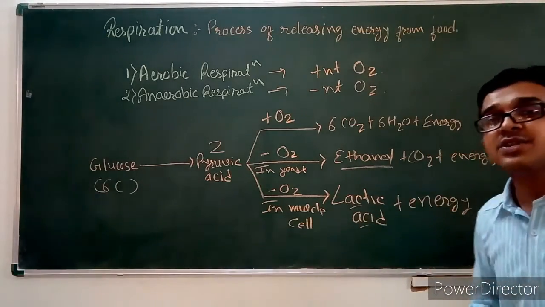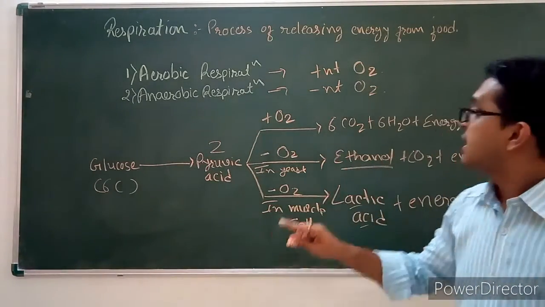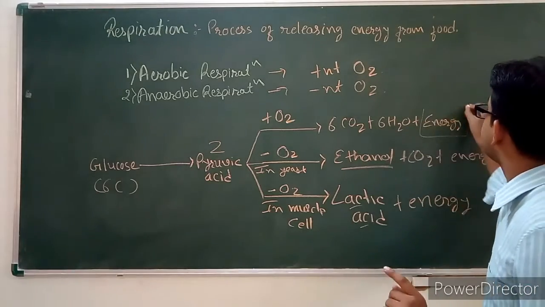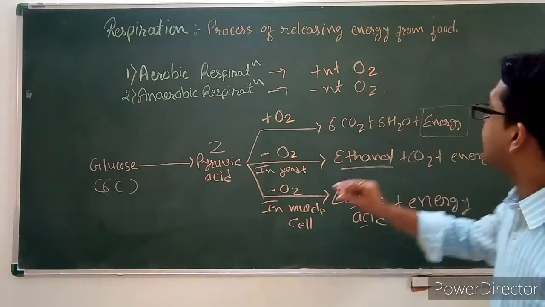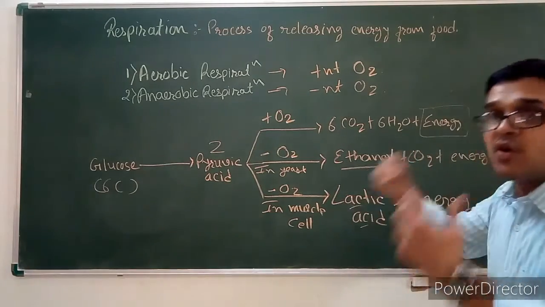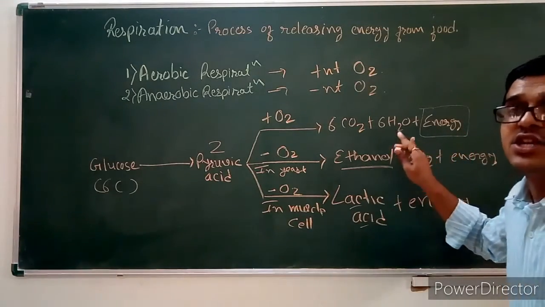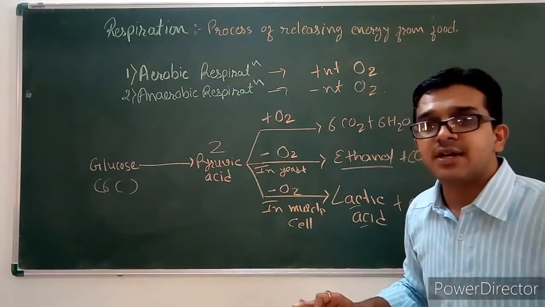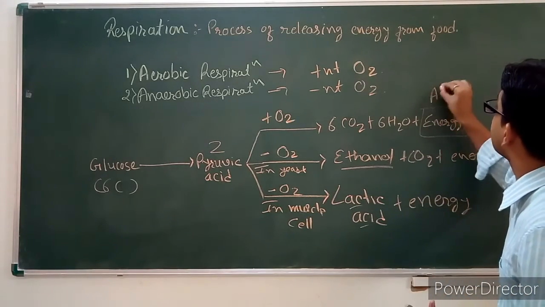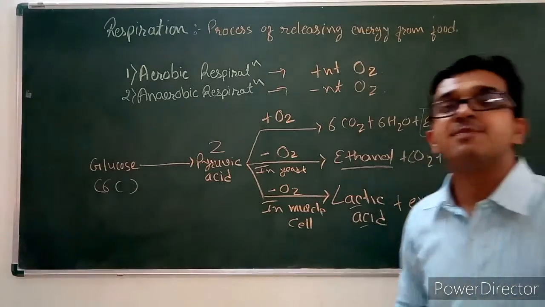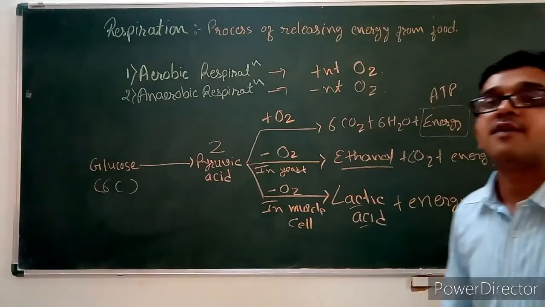But in the presence of oxygen, that means in aerobic respiration, a larger amount of energy is released. This released energy is utilized by all organisms for the synthesis of ATP.